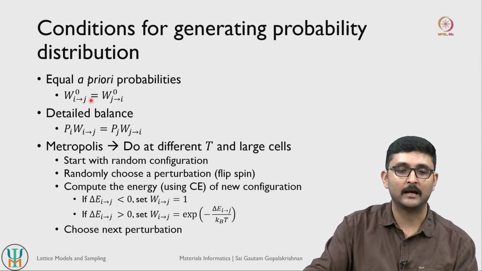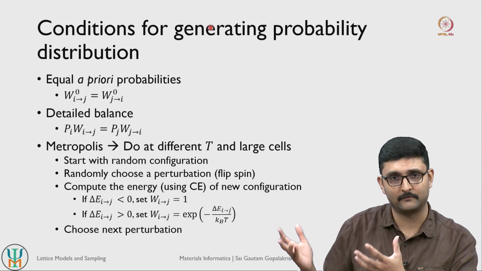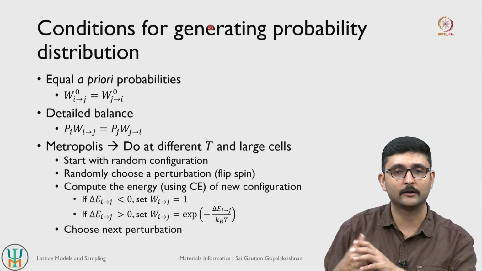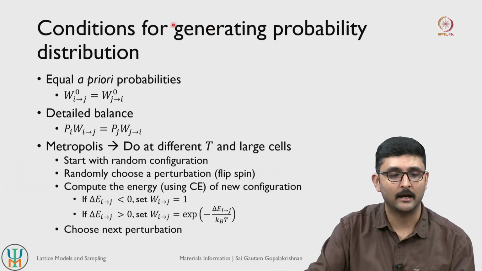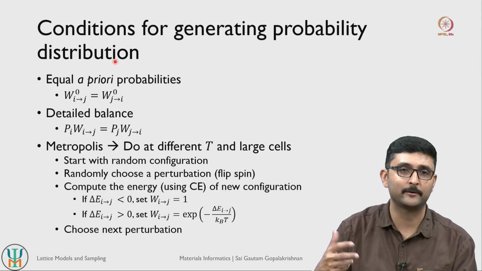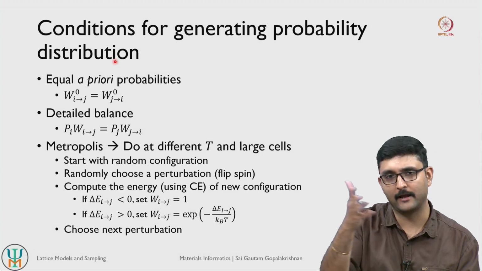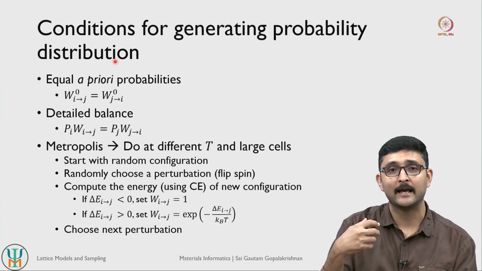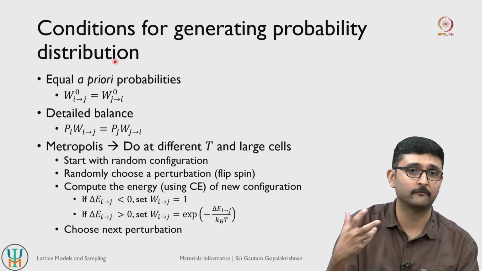Okay, so what are the conditions for ensuring that the Metropolis or any sort of algorithm works, right? To ensure that we are getting statistically well averaged quantities, they have to satisfy two mathematical conditions. One is what is referred to as equal a priori probabilities. So basically, if you have a system and you are considering any particle to be chosen for displacement, any particle can be chosen for the displacement, right.